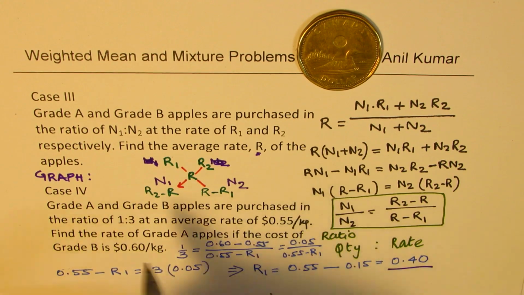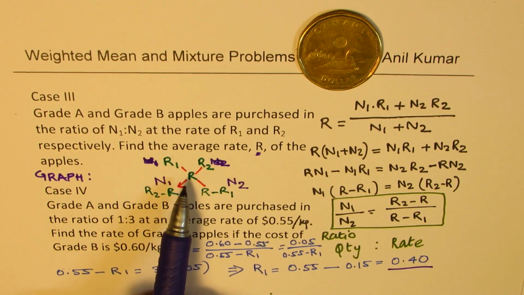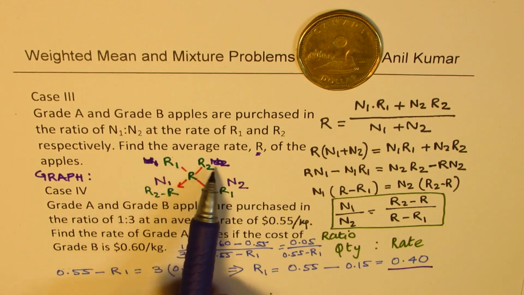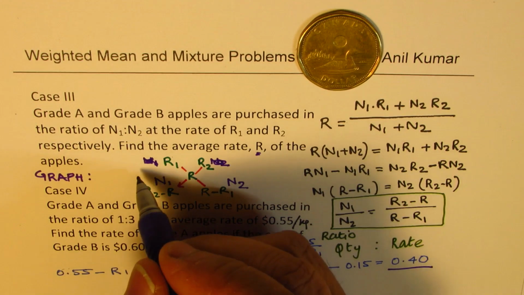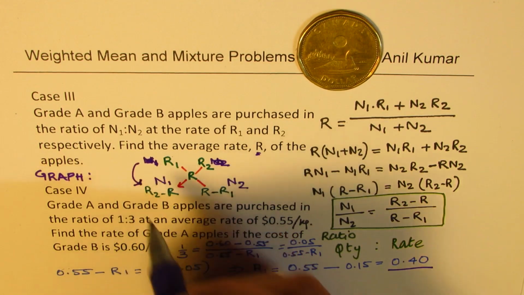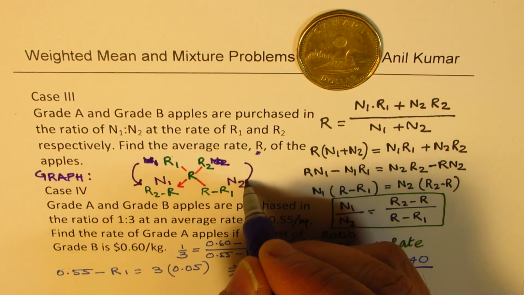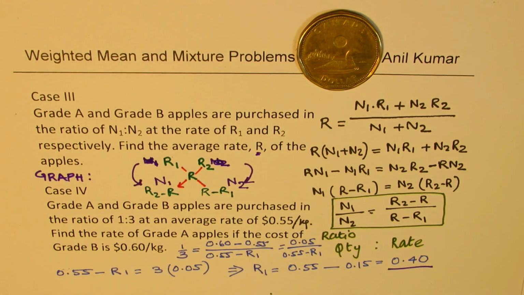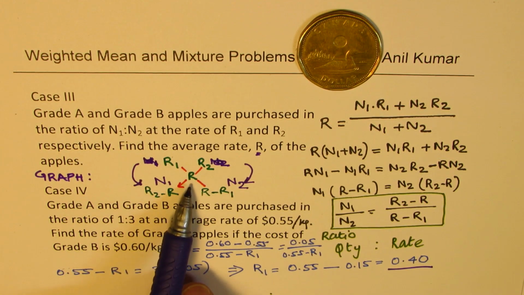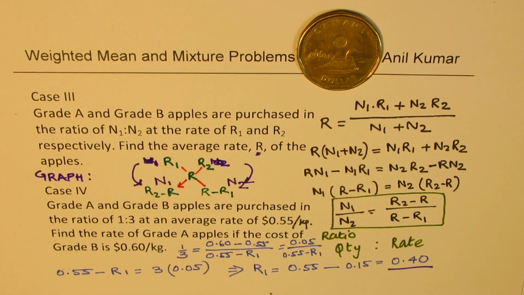So in many cases, we call it alligation. It's given the name alligation graph to work with, right? So I hope you're getting the concept. We have two rates here, R1 and R2. And what we get is the ratio of R1 and the ratio of R2 on the other side, where R is the average or the mean value of these two, right?